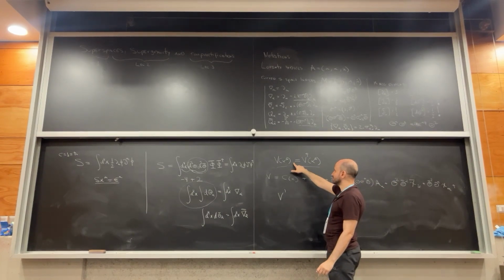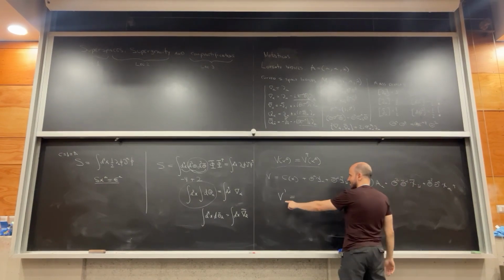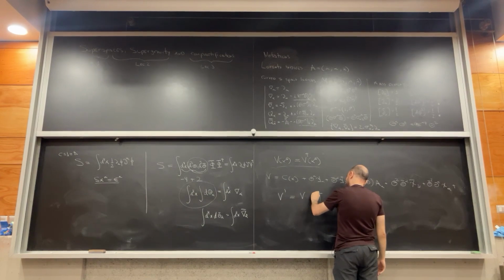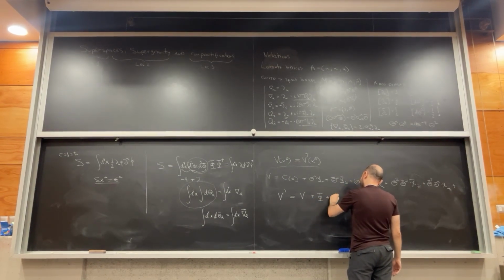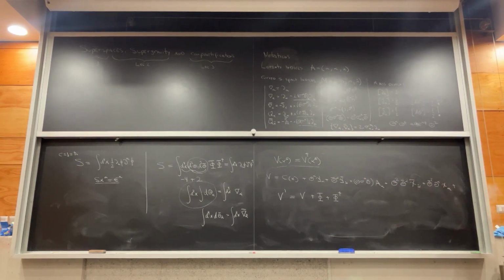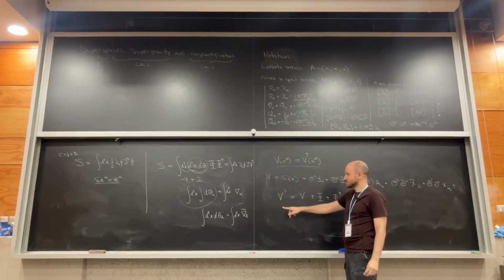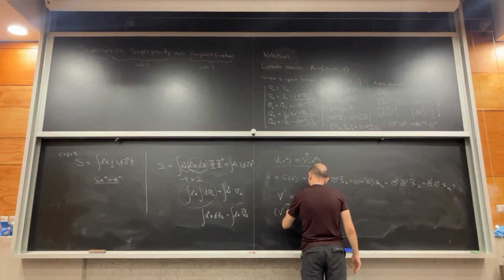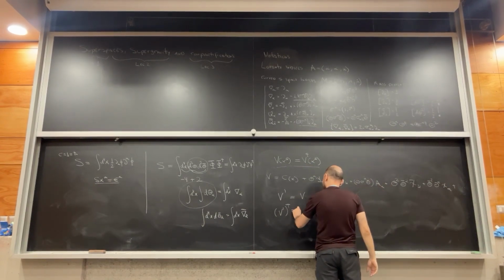Because this reality condition is invariant if I add to my real superfield V a chiral field, I'm going to call phi again, plus phi dagger. Because if V is real, V prime is also real. If I take the complex conjugate of V, which I started with as real, it is the same.